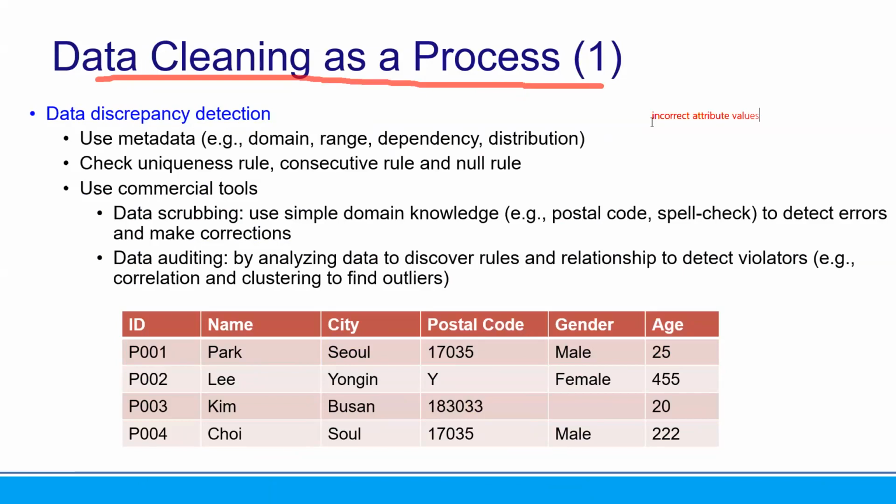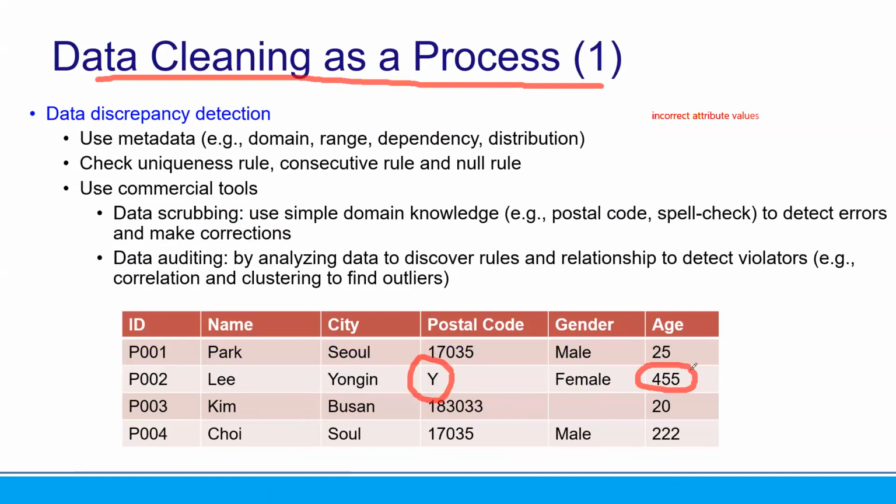From this data, postal code. Postal code should be a number. But it is not correct because someone put Y. So this Y is not correct. It's 455.